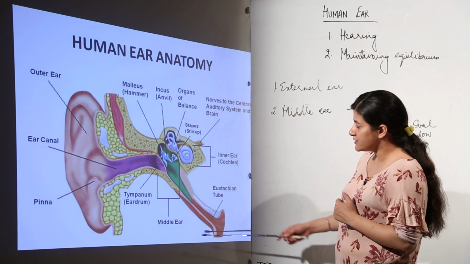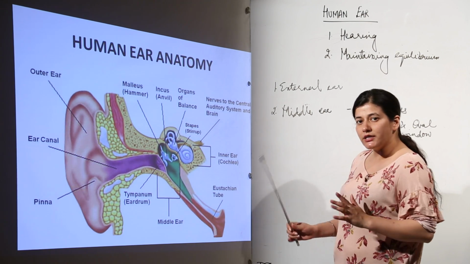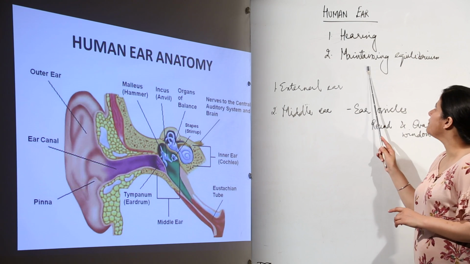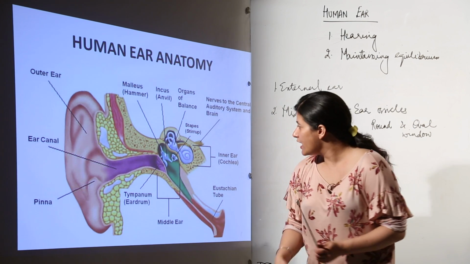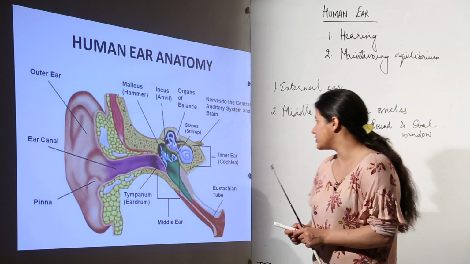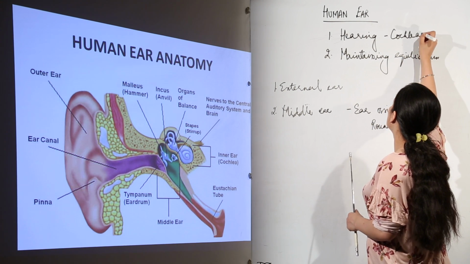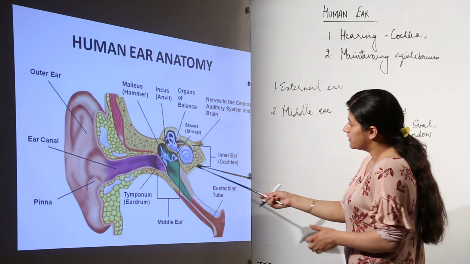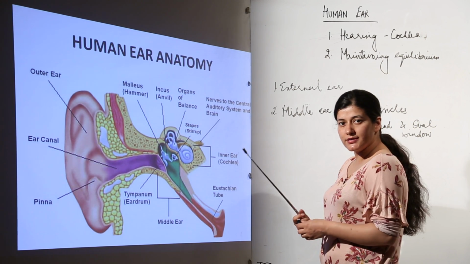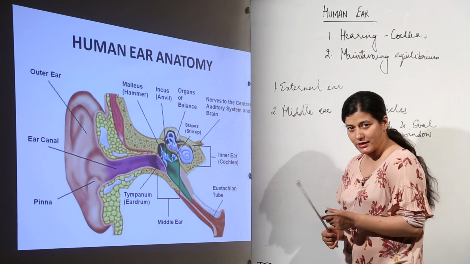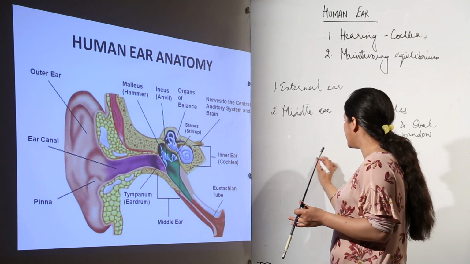Next is the internal ear. The internal ear is responsible for two functions, hearing and maintaining equilibrium. The hearing function is the cochlear part, the cochlea. This cochlea appears like the shell of a snail. Those of you who have seen a snail must have seen that it is something like this.